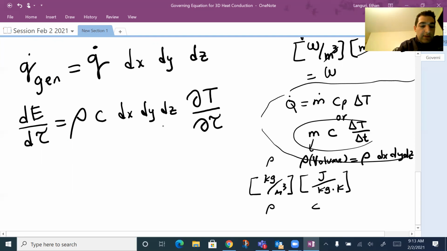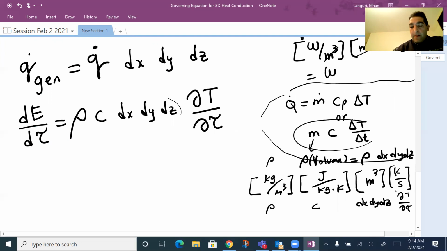What is the unit of dx, dy, dz altogether? We know dx times dy times dz gives us a volume, so the unit is meter cube, right? What is the unit of del T over del tau? T is temperature, so Kelvin, and tau is time, so let's say second.